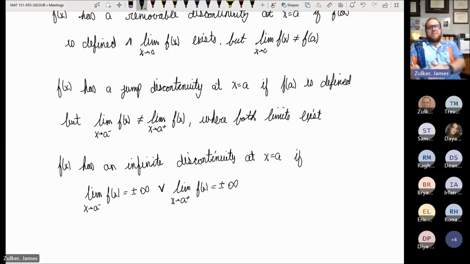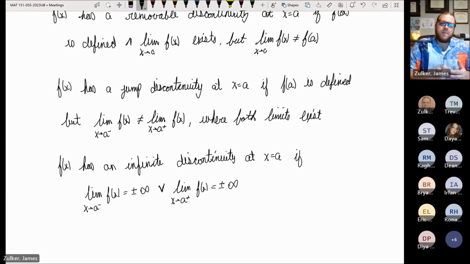It is an infinite discontinuity at a if the left-handed limit is infinite or the right-handed limit is infinite. All right. Now keep in mind that in mathematics, OR is not exclusive.